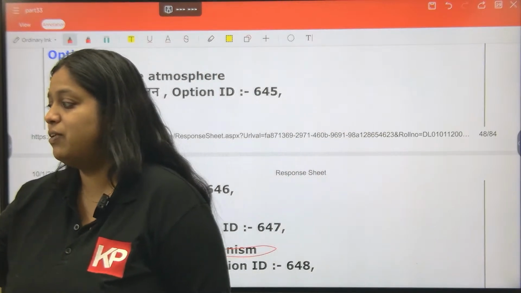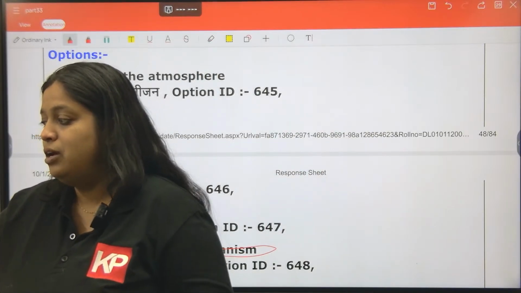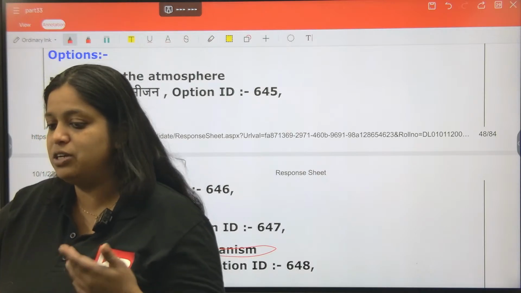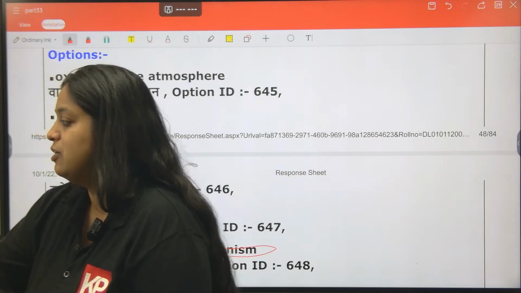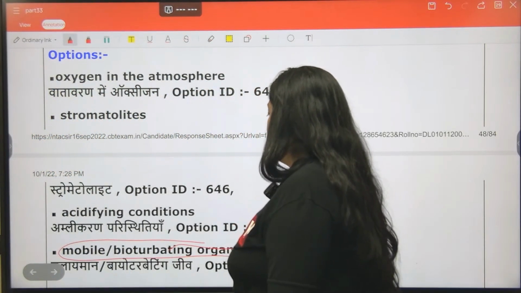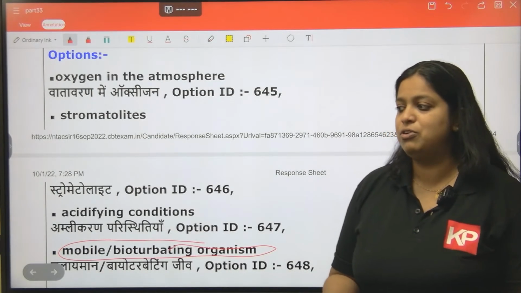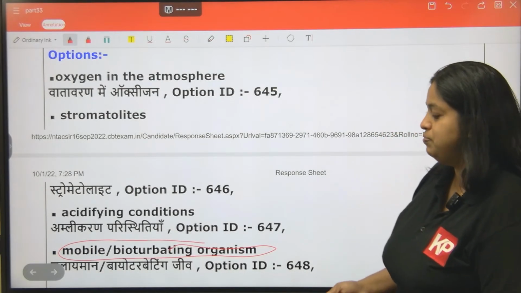Bioturbation means the sedimentary deposits are disturbed by organisms living in reworked soils. They live on the reworked soil depositions. That is, bioturbation means reworking of soil by organisms.